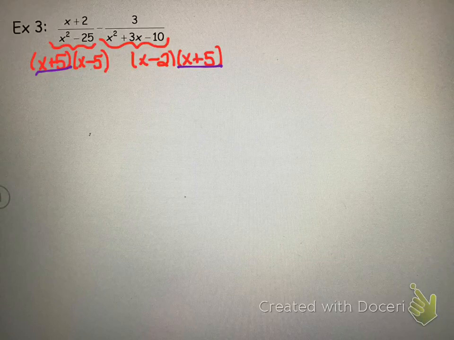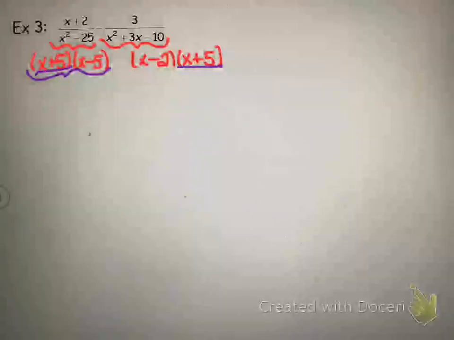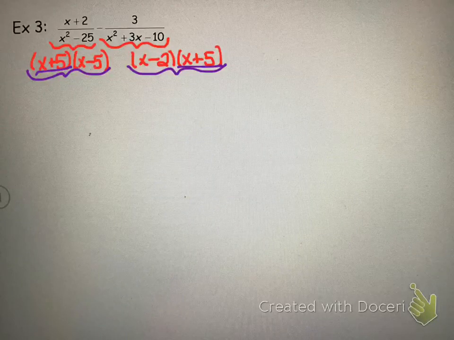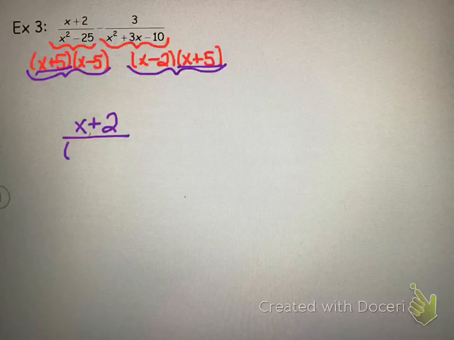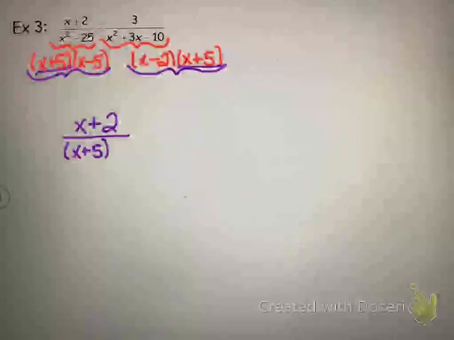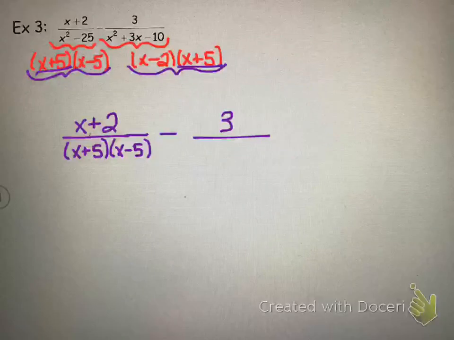But this denominator is missing an x minus 2, and this denominator is missing the x minus 5. So what we will have to do, and for the sake of space, I'm going to actually just rewrite this out really quick. This is where we are right now.